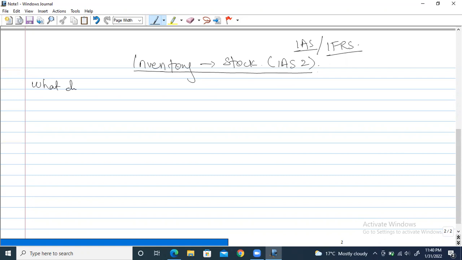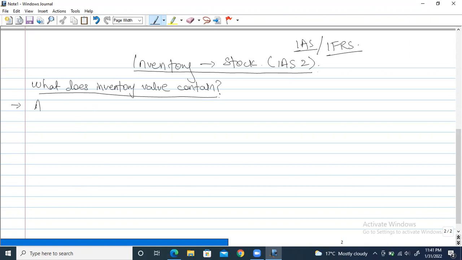First we are discussing what inventory value contains.